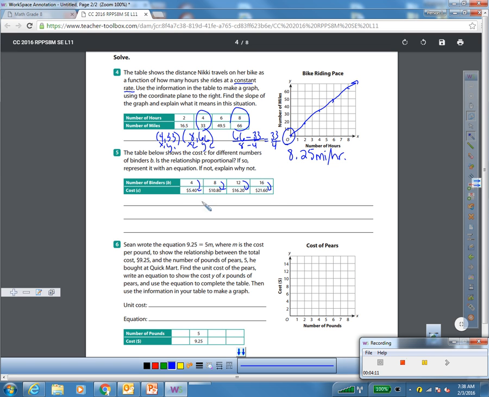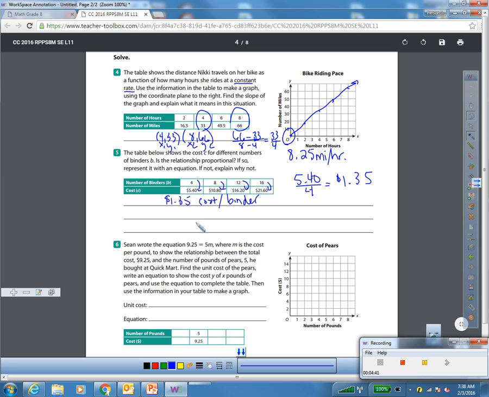And if you do the math each time, you can multiply by $1.35, because that's the cost per binder. So $1.35 would represent the cost per binder, which is also the slope. And to find that, you can go $5.40 divided by your 4 there. And you could do that on any of these, and it would still give you that $1.35 per binder.